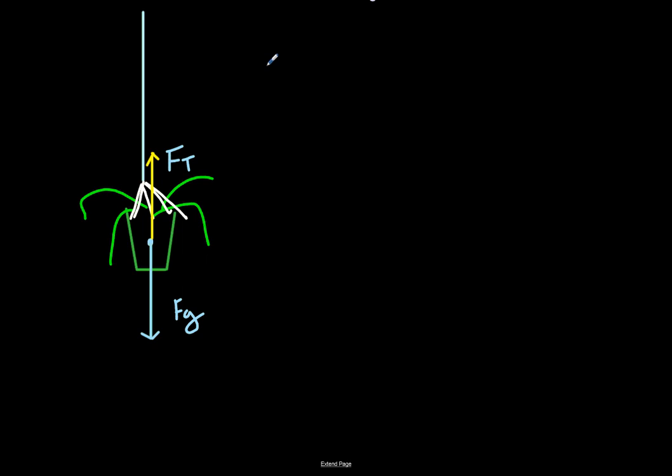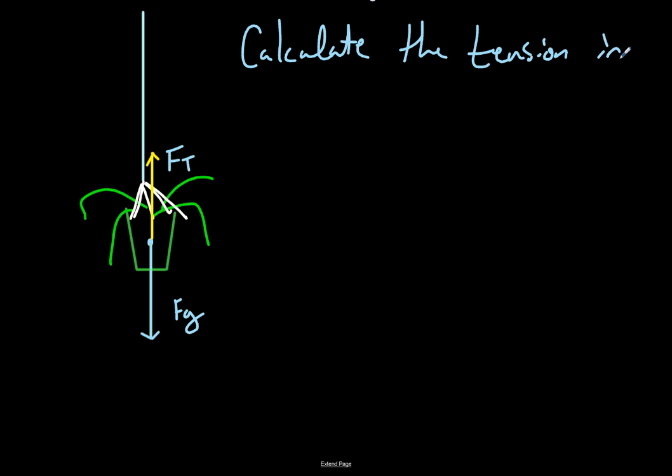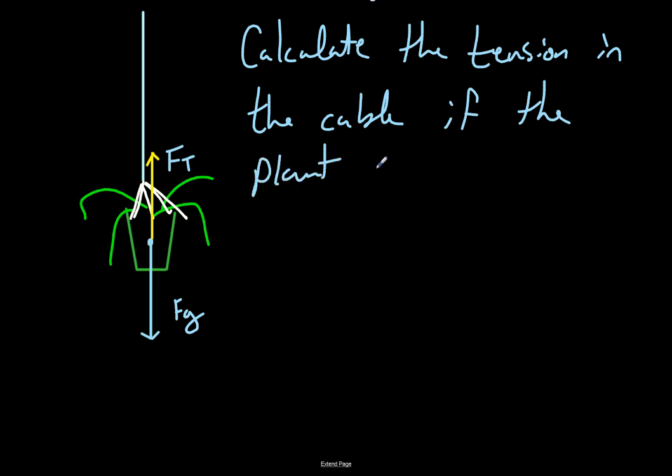All right? So let's say you were given a problem with a simple scenario like this, and it says calculate the tension in the cable if the plant weighs 4 kilograms.